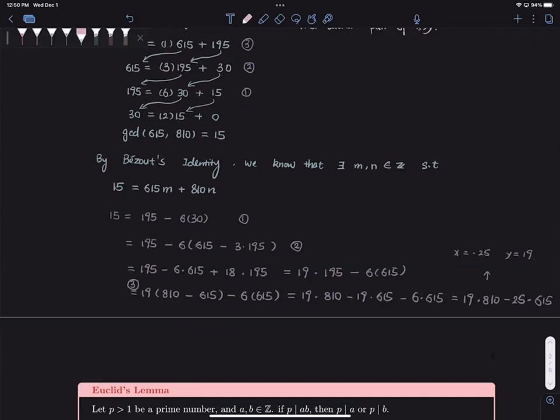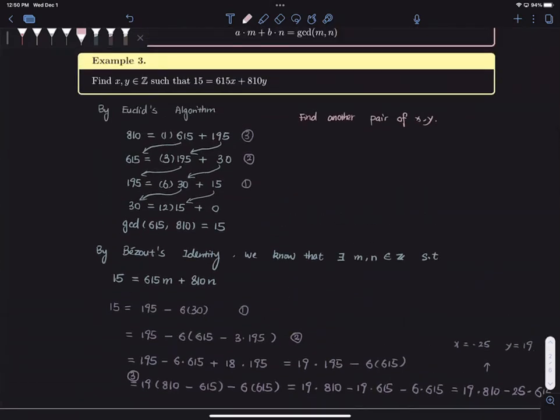You can just mess around with the Euclidean or solve by back substituting less. What do you mean back substituting less? How exactly do you get another pair? That is my question for you. We'll leave it here.